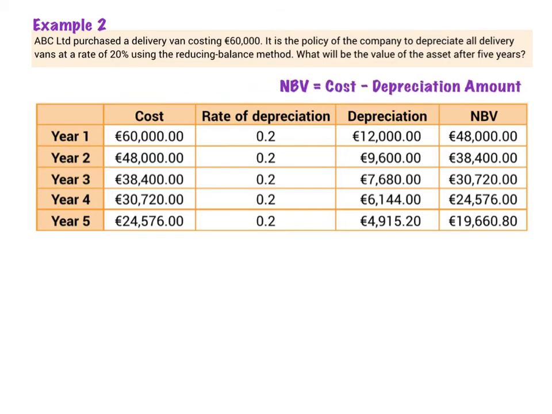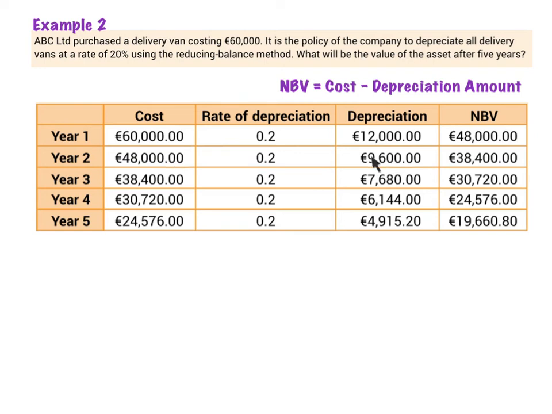In year 2 then, at the end of year 1, that's what the asset is worth. So going into year 2, the cost of the asset is now 48,000 because it's lost the 20% depreciation. You keep that going: 20% of 48,000 is 9,600.